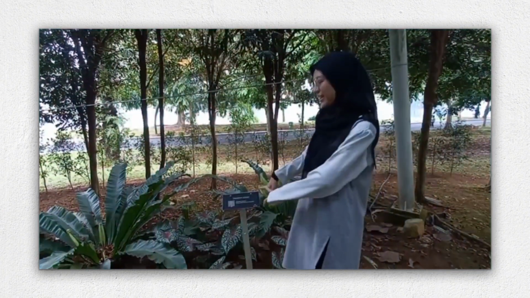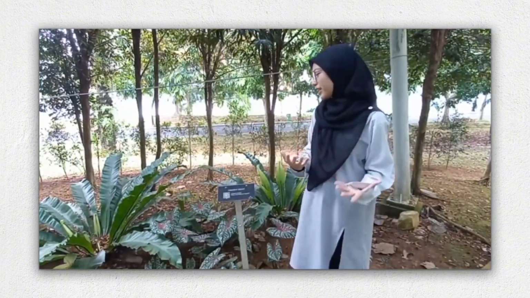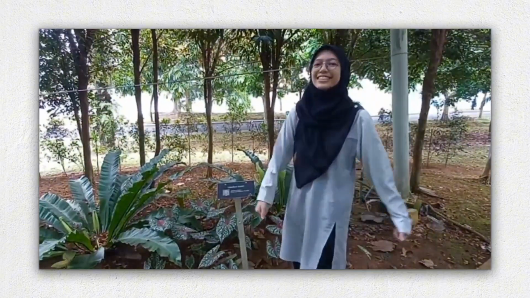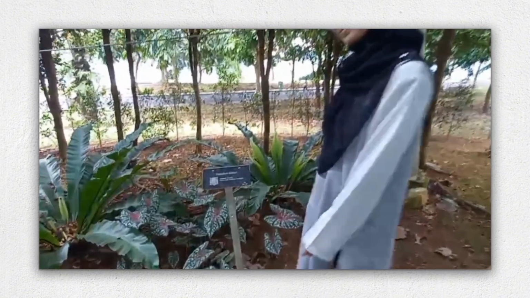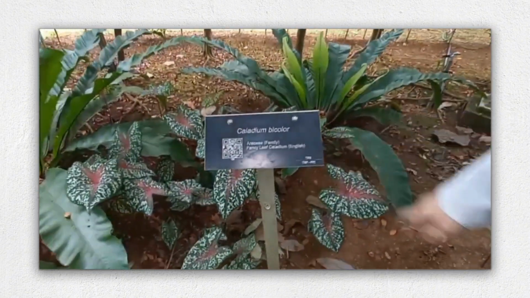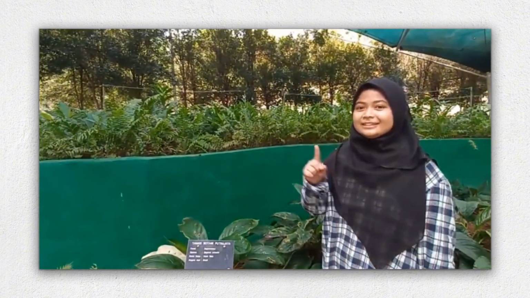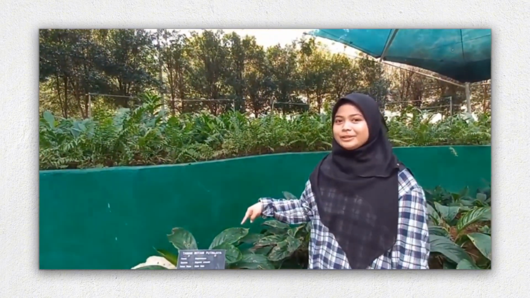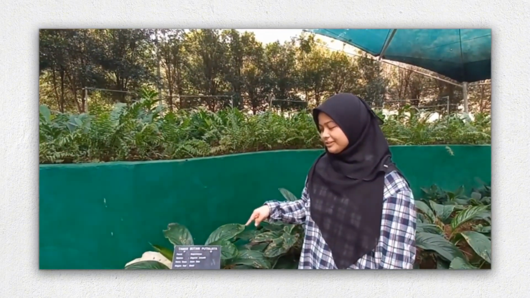Okay, this is a Caladium bicolor plant. It comes from the Araceae family and is also known as Heart of Jesus Caladium in English. It is a species from the genus Caladium that is from Latin America. Next, this plant is from the family Begoniaceae. It is a species of Begonia. It is also called asam batu in Malay and originally from Brazil.